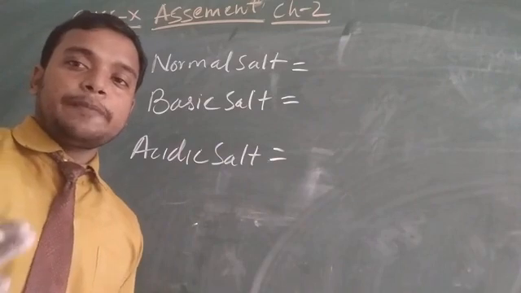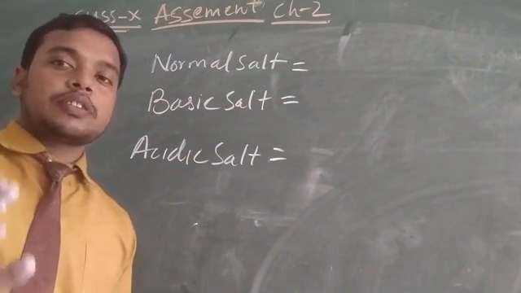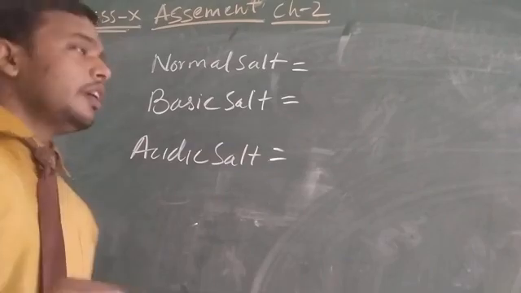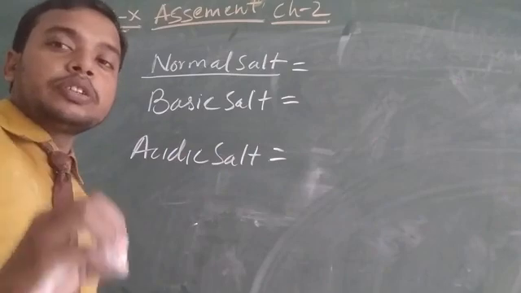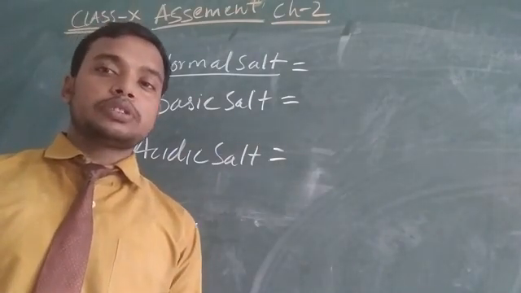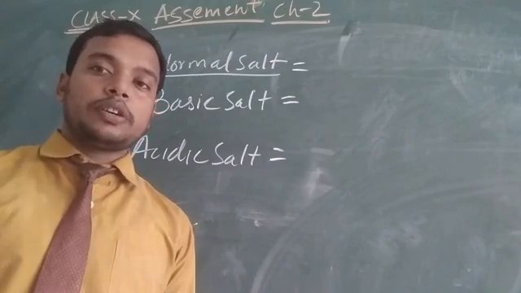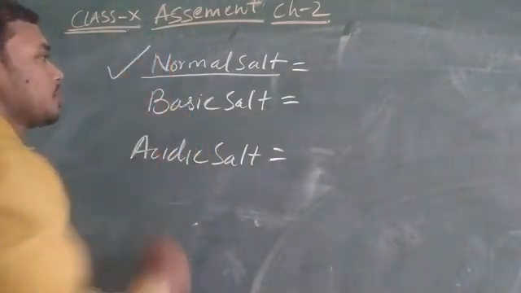Generally a salt is formed by the chemical combination of acids and bases. But in the case of normal salt, both acid and base are strong, or both acid and base are weak. In both conditions there is a formation of normal salt.